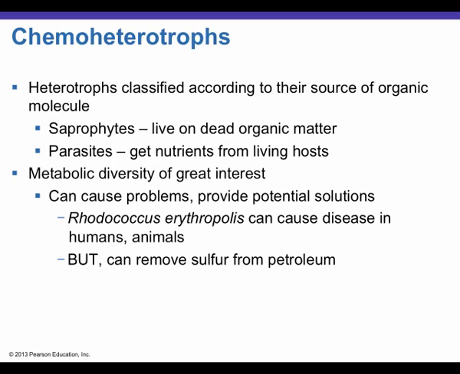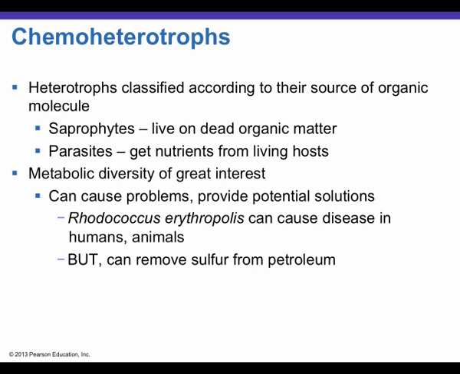The metabolic diversity of chemoheterotrophs is very interesting to us because we can use them to provide a lot of potential solutions, but at the same time, they cause us so many problems. Rhodococcus erythropolis, for example, can cause disease in humans and animals, eating off us parasitically, eating our organic carbons, but it can also desulfurize petroleum.